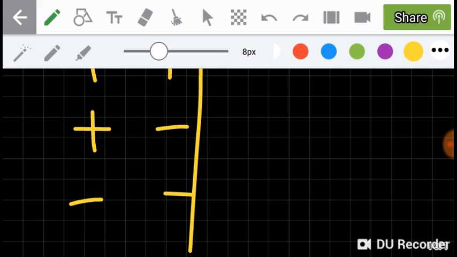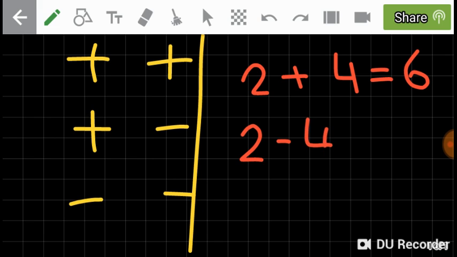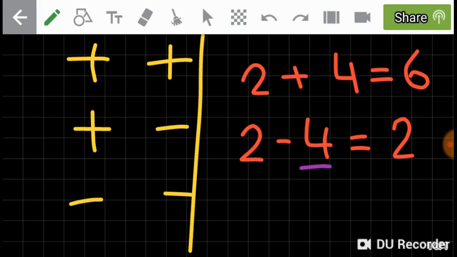Let me review all the types again. When both the numbers are positive, like 2 plus 4 equals 6. Whenever there is one positive and one negative, we subtract the numbers. Here 2 and 4 have a difference of 2, and whatever is the greater number, 4 over here, the sign is negative, so the answer will take that sign.